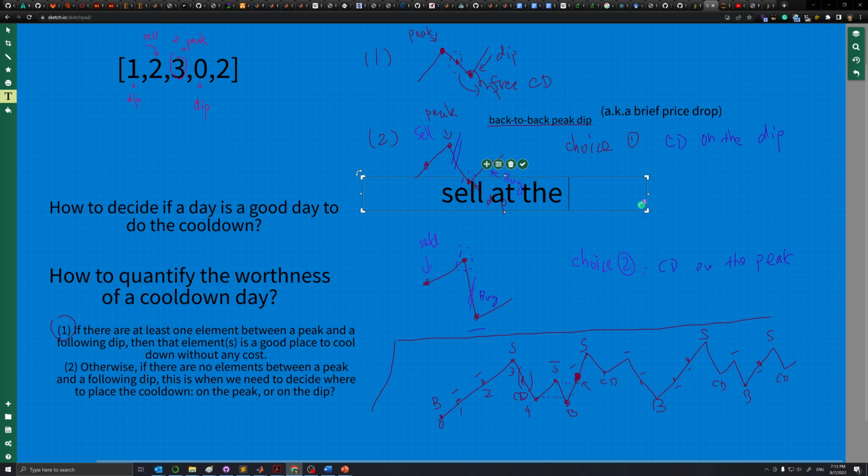This is a scenario where you actually sell at the peak. The second one is where you basically hold at the peak. So these are the two options. We're going to try to decide which action is better at any of these back-to-back peak-dip price drops.